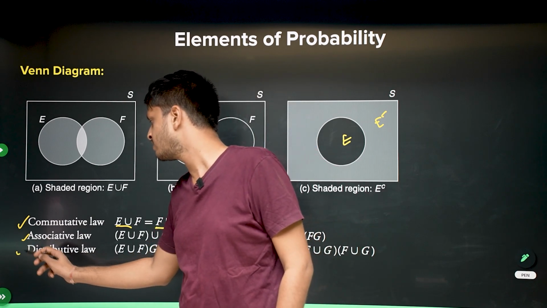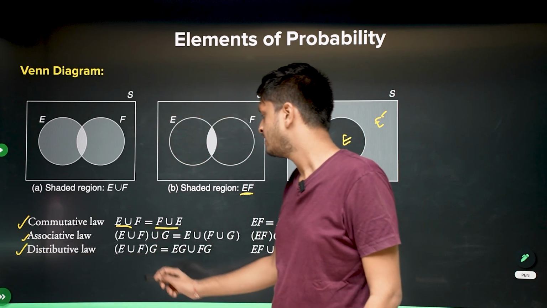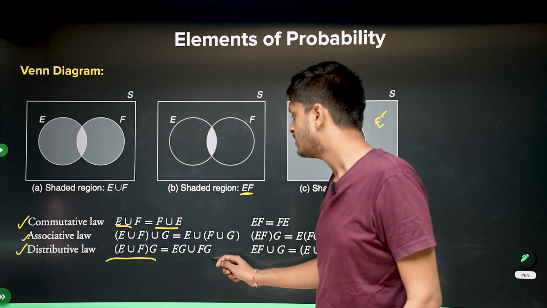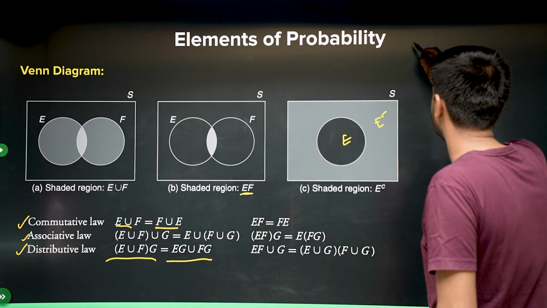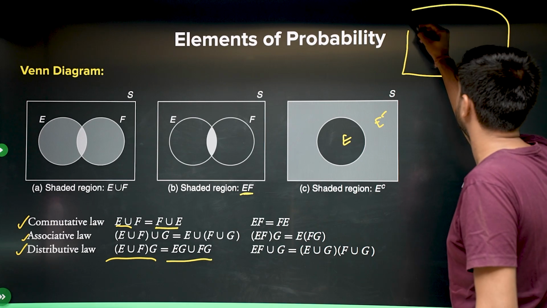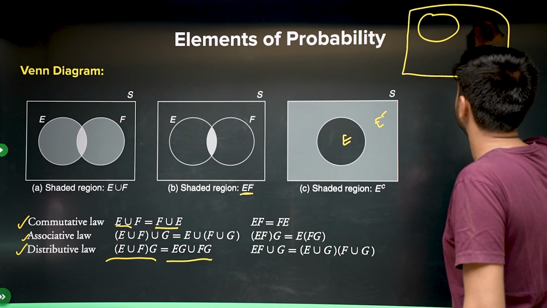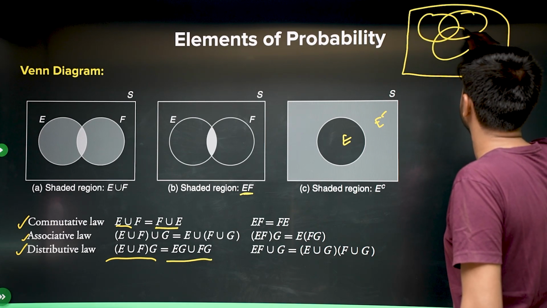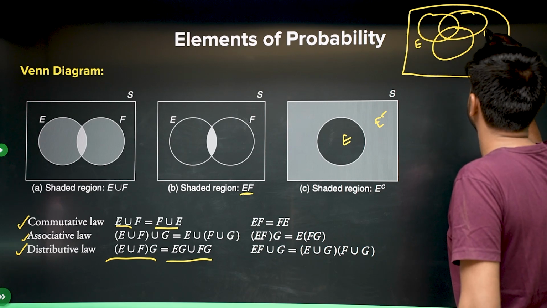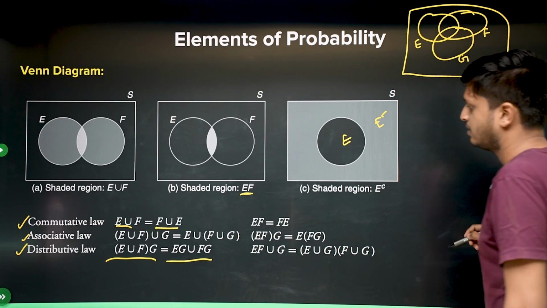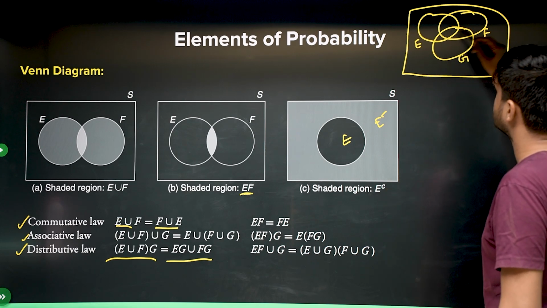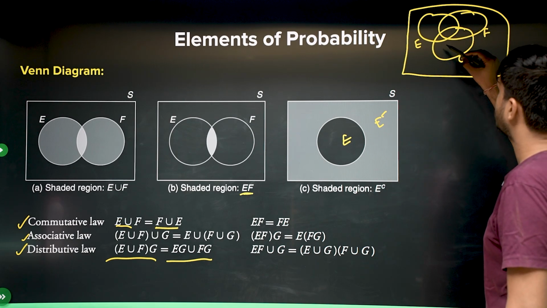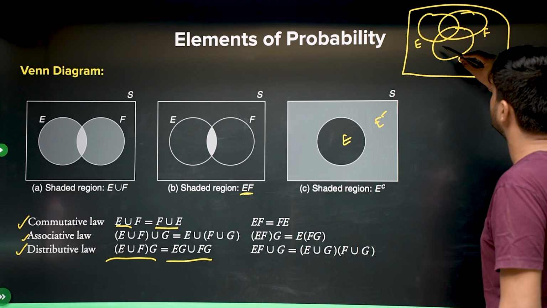And then we have the distributive law. It says that E union F intersection G is E intersection G union F intersection G. It is very easy to see using a Venn diagram. Let's say this is E, F and G. Now, E union F is this entire set, and we have to take whatever elements are present in G also.